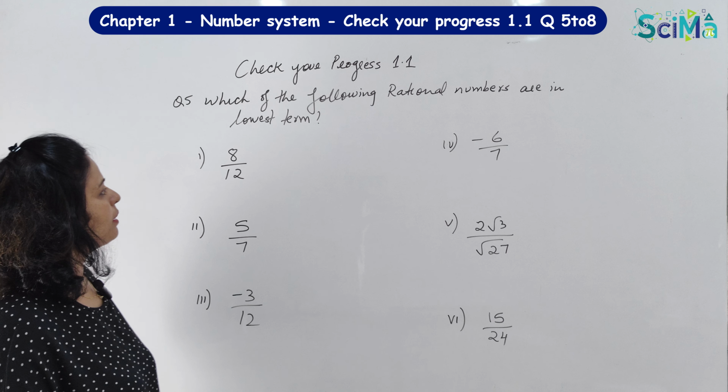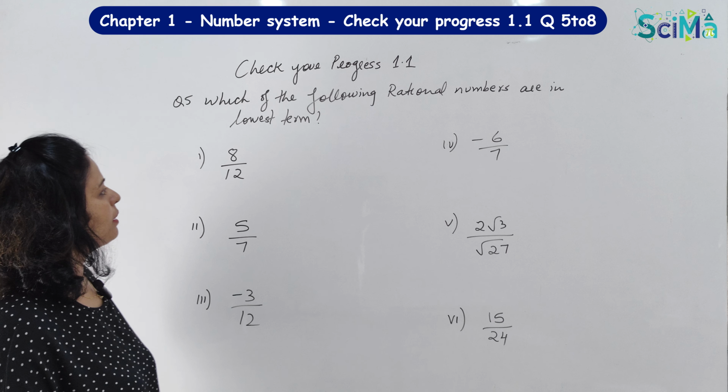You will get 17 into 5 is 85 by 15, you will get 17 by 3. You can multiply again, I said 10, multiplication with 10 is easy. You will get 170 by 30. So like this we get 3 rational numbers equivalent to the given rational number.